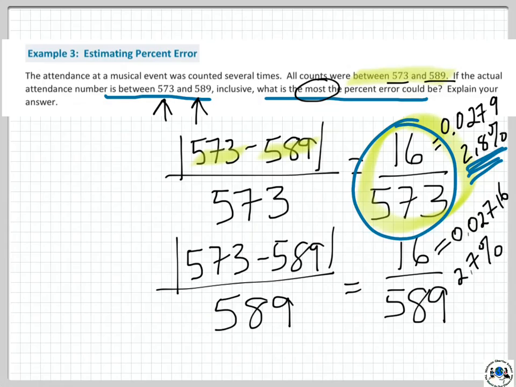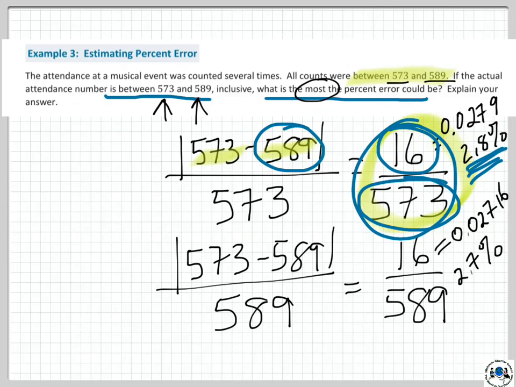So in this case, it would mean that 573 people actually showed up, and the range was 16 people if we had approximated 589, and this would have been our greatest percent error.